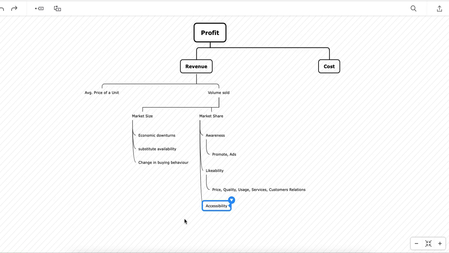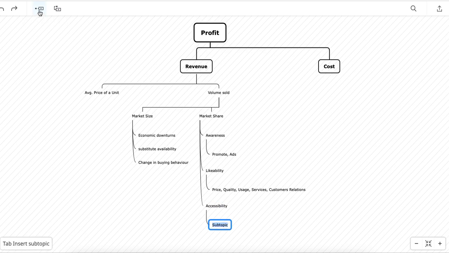But let's say it is not sold on e-commerce. Let's just take that case. Then even if I'm aware about the product, I like the product, I have no way to access that product sitting in Patna. So that is the accessibility. So even if I'm ready to spend money on that product, I'll not be able to spend money, right? Because that product is not accessible to me.